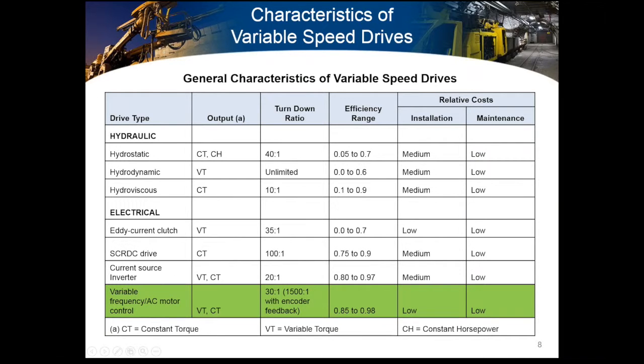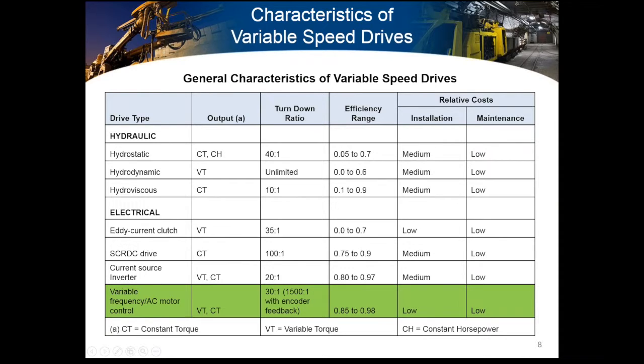If we do a quick comparison of the types of variable speed drives and are they good for constant torque or variable torque, turn down ratio, meaning from 100% speed, how low can I operate, how much of a reduction can I see, and the efficiency that one sees across those ranges, and finally comparing to installation and maintenance costs, it's readily apparent that for both constant and variable torque speed applications, variable frequency drives lend themselves really to be the optimum choice.